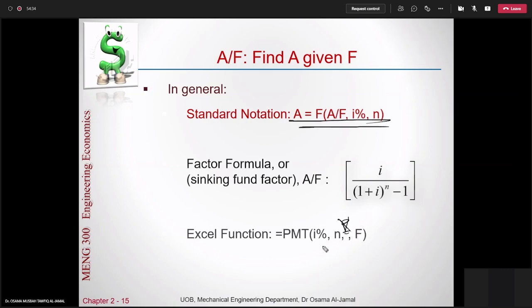And the last term, notice here we have the first, second, third, the fourth term, which is the last term in that function, is for F. You don't have to memorize it because once you write this in Excel and open the bracket, it will tell you the steps of what to put.